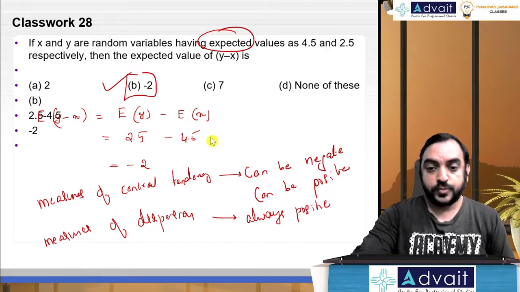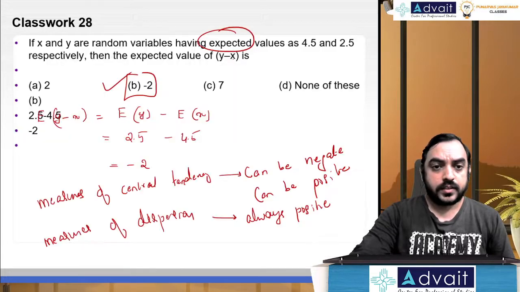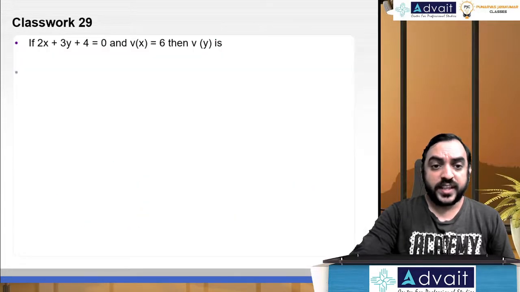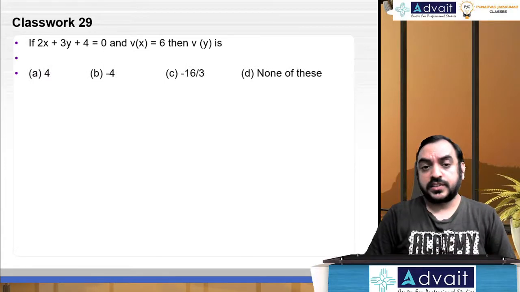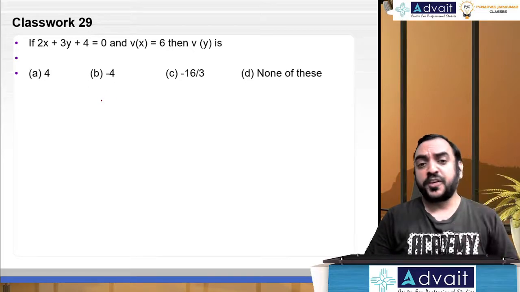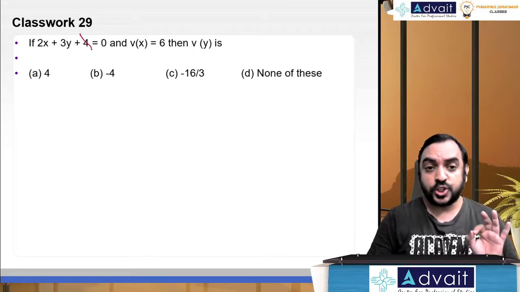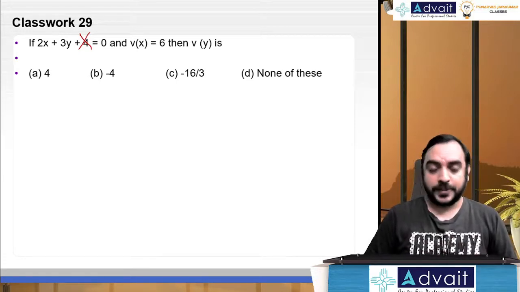Okay, so let's move on to the next one. If 2x plus 3y plus 4 equals 0, variance of x is 6, variance of y is? Now, what is the property of variance? The constant should be ignored because it is independent of origin.